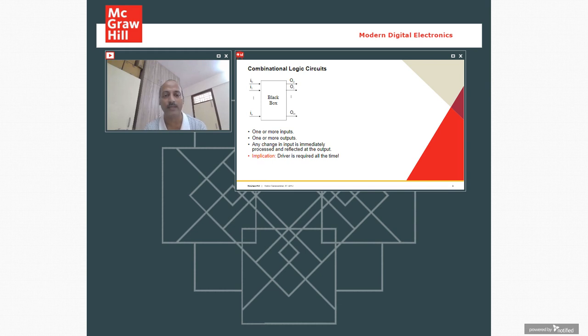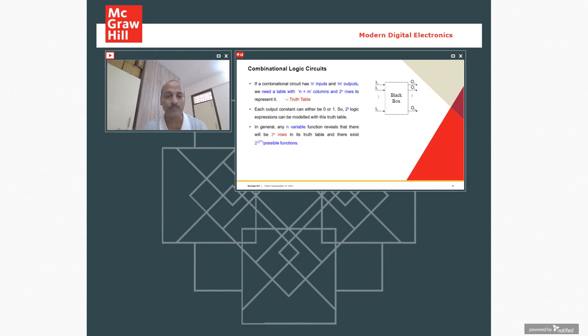The requirement is that any change at the input side is immediately processed, and the processed data will be reflected at the output. So what does this infer? The implication is that a driver is always required. Okay, if the circuit does not have any driver, you won't get any output. So this is a very important concept while writing test Verilog codes.